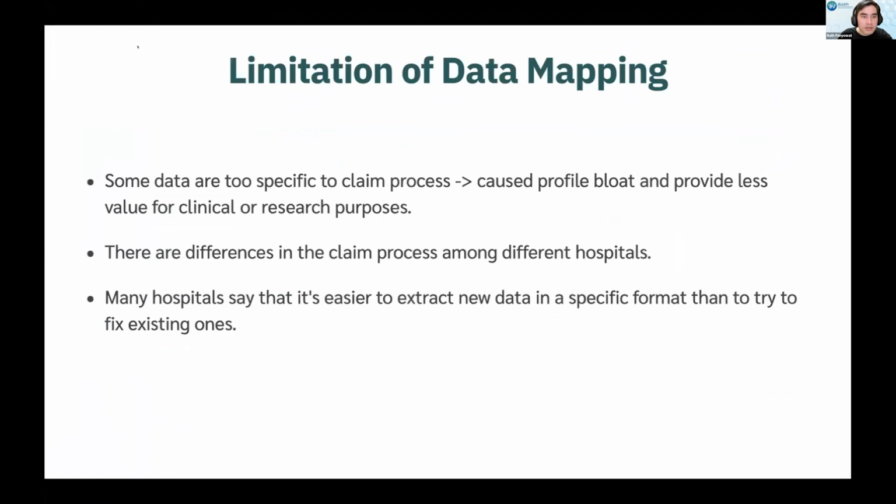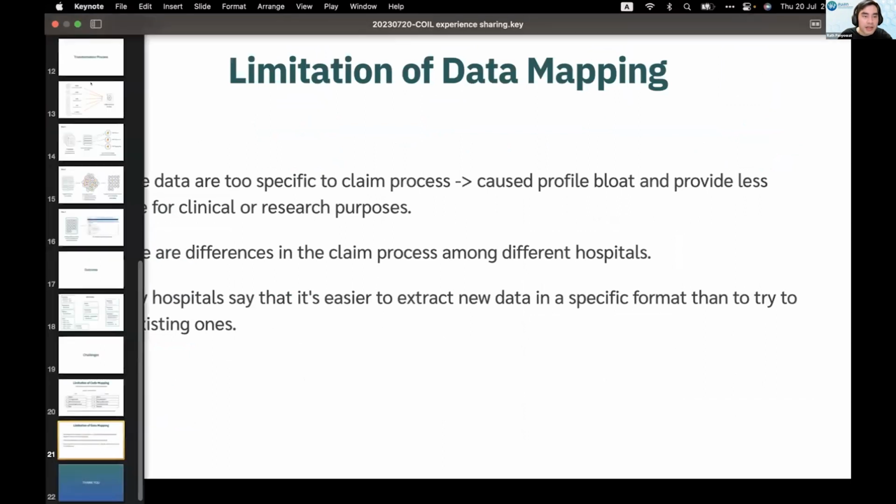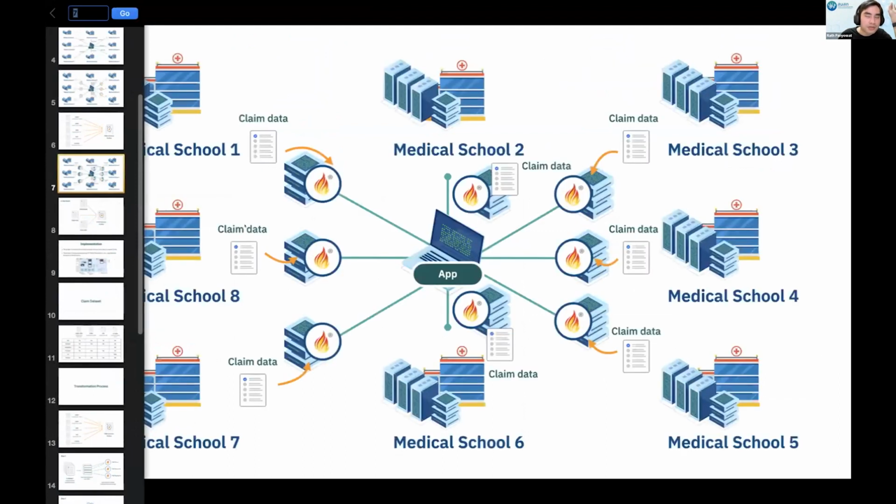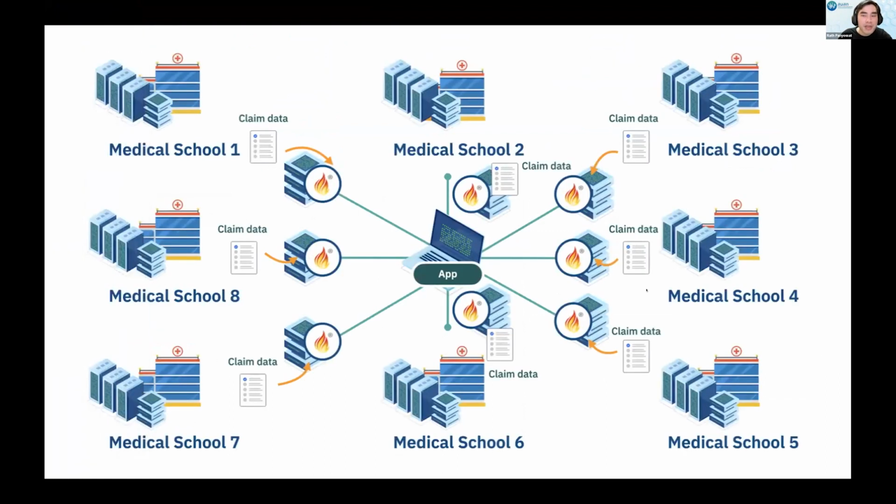Because the claim process is a little bit different and the claim data is not so standard, in the end many hospitals here say that maybe it's easier for them to just create a new data set, so they don't need to care about the existing claim process, and focus only on the data and send it to the FHIR server.